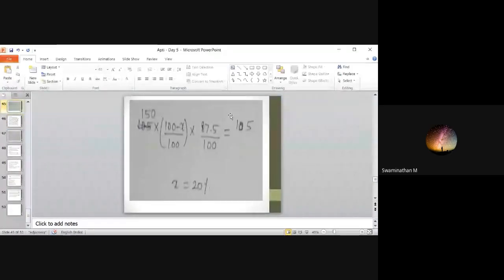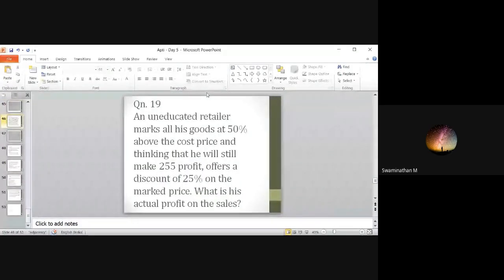Clear, okay. An uneducated retailer marks all his goods at 50% above the cost price, and thinking that he will still make 25% profit by offering a discount of 25%.